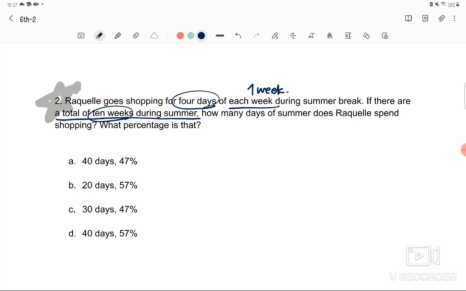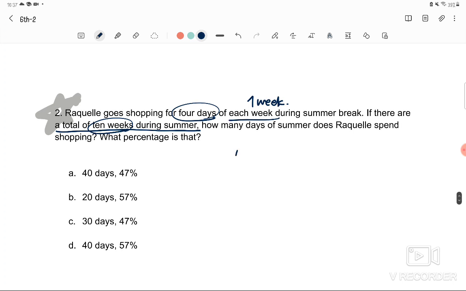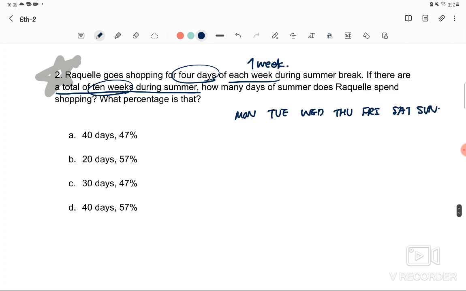What percentage is that? So let's say that there's Monday, Tuesday, Wednesday, Thursday, Friday, Saturday, and Sunday. This is just 1 week, right? You don't know what days she goes shopping.